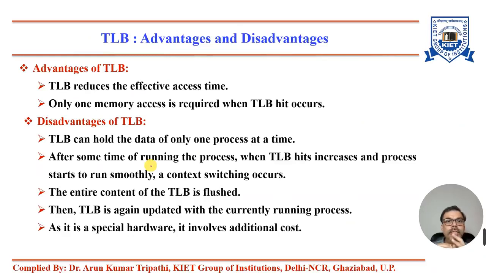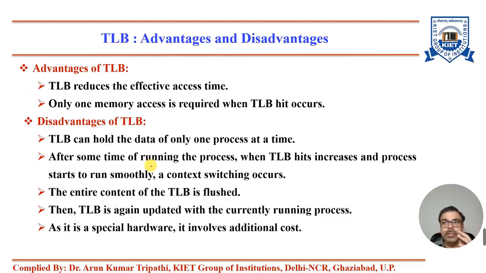The TLB can hold the data of only one process at a time. This is one of the drawbacks, because a number of processes may be executing simultaneously, that is, concurrently one after another. So in a multi-programming environment, only one process's data can reside in the TLB.